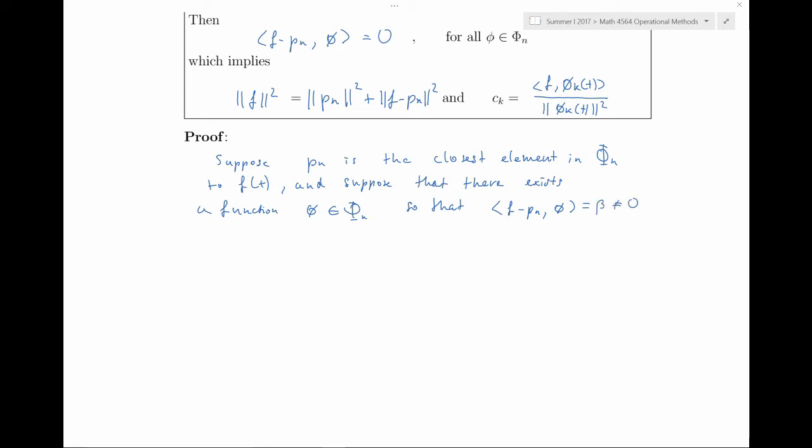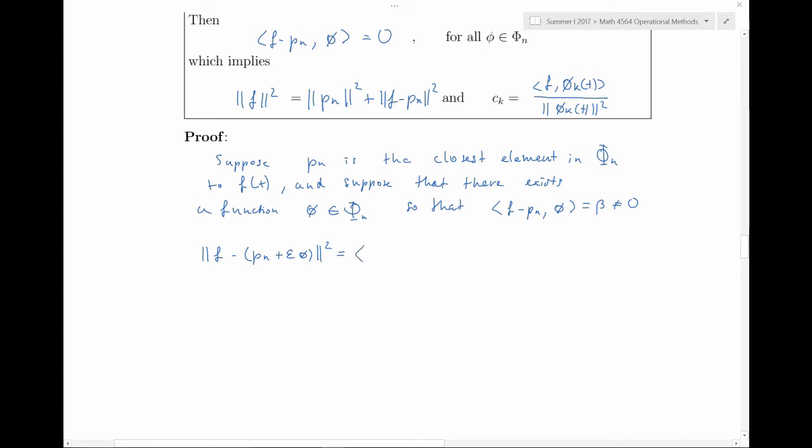Well, then what I'm going to prove is that there is a way to improve the distance between f and P_n. And in fact, f minus P_n is not the smallest distance you can have. The way I'm going to do it is to start by subtracting from f, P_n slightly altered by the function phi.